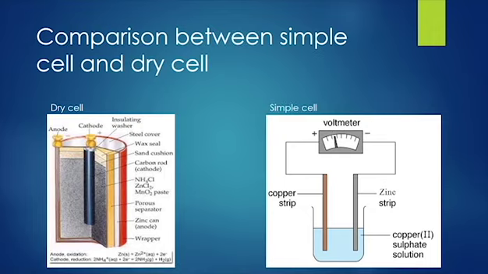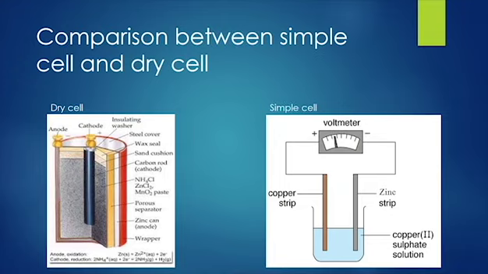Copper is used as a positive electrode and zinc as a negative electrode. Here we can use copper sulfate solution, or else we can use diluted sulfuric acid solution. The electrolytic solution should have free moving electrons to pass electric current in a simple cell.